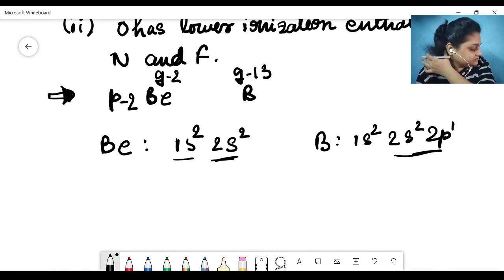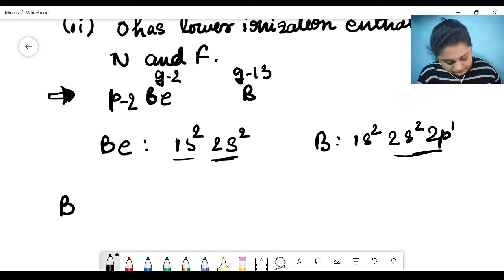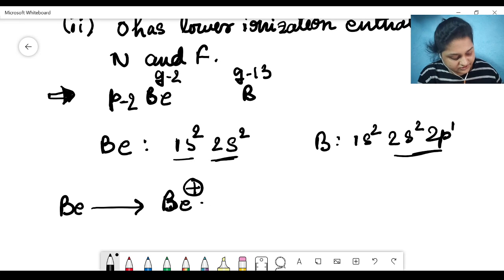Now, when the first ionization happens, beryllium loses one electron and produces Be+, and the valence shell electronic configuration becomes 2s1.